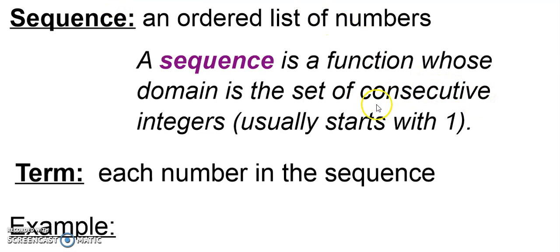So let's make a note of that, next to the word consecutive: in a row. And if it's integers, then it's going to be whole numbers. So it usually starts with 1, and it'll go 1, 2, 3, 4, etc. Those are consecutive.